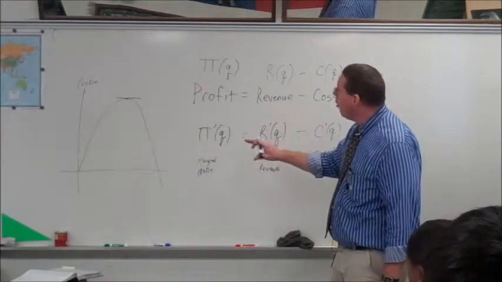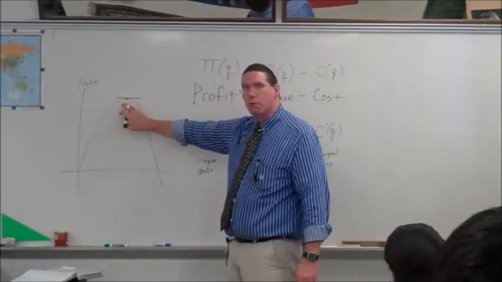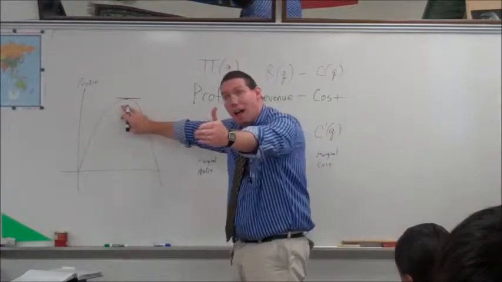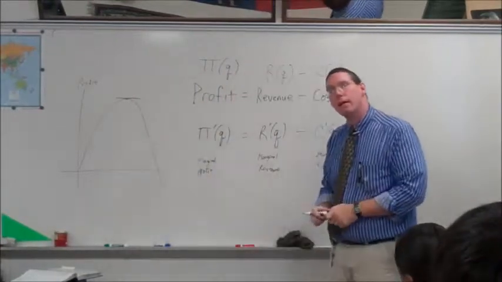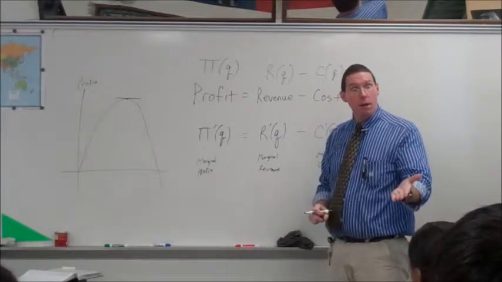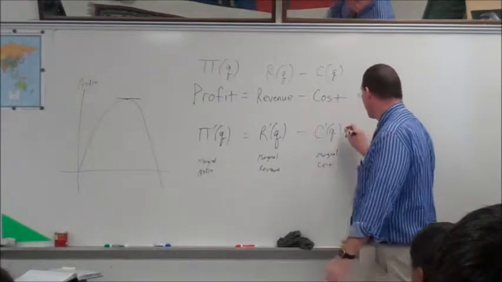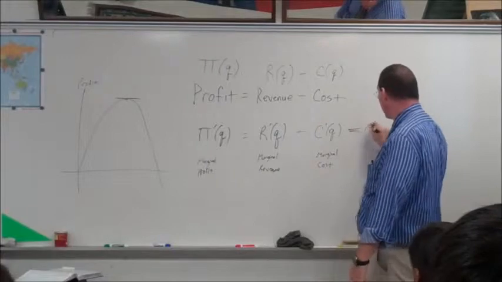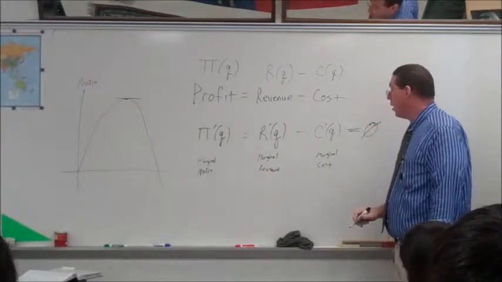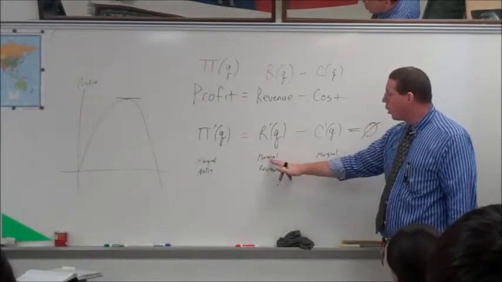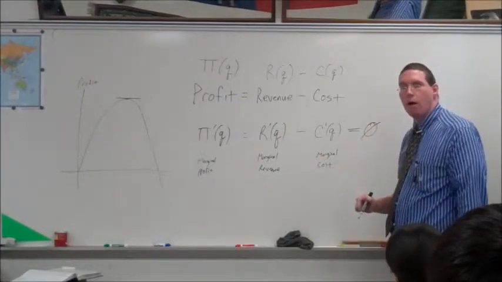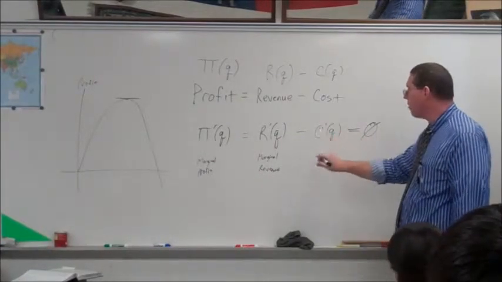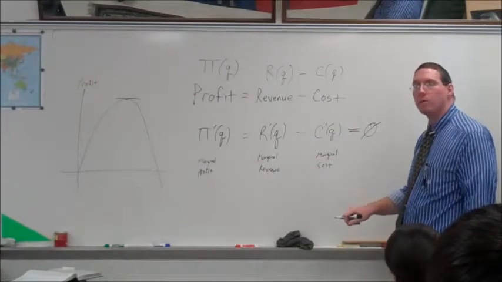All right, so look at this. If we want to know where the slope of profit equals 0, we take the velocity of profit, marginal profit, and set it equal to 0. So we want to know where marginal revenue minus marginal cost is equal to 0. Can we do anything about this algebraically?